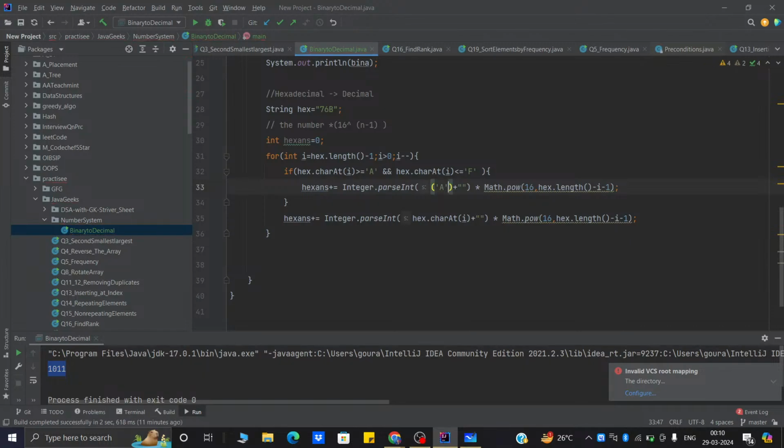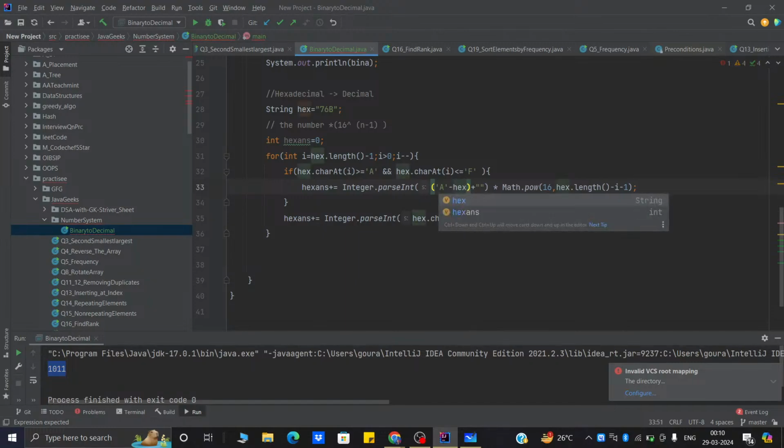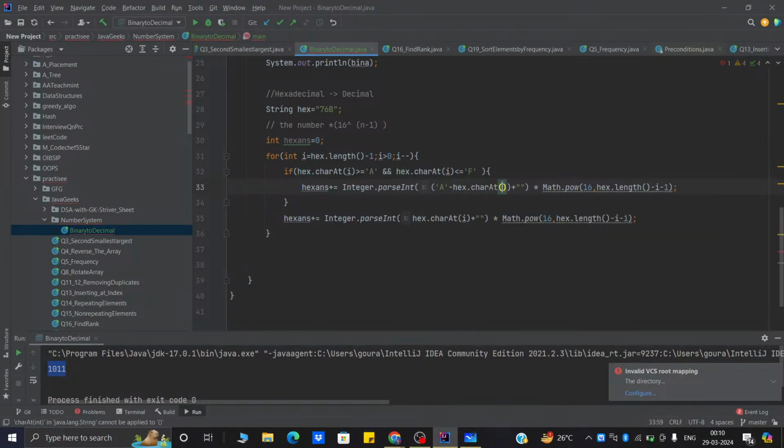A minus x dot caret i plus 10. It is okay, right? So if it is A, then A minus A is 0 plus 10. It is 10.